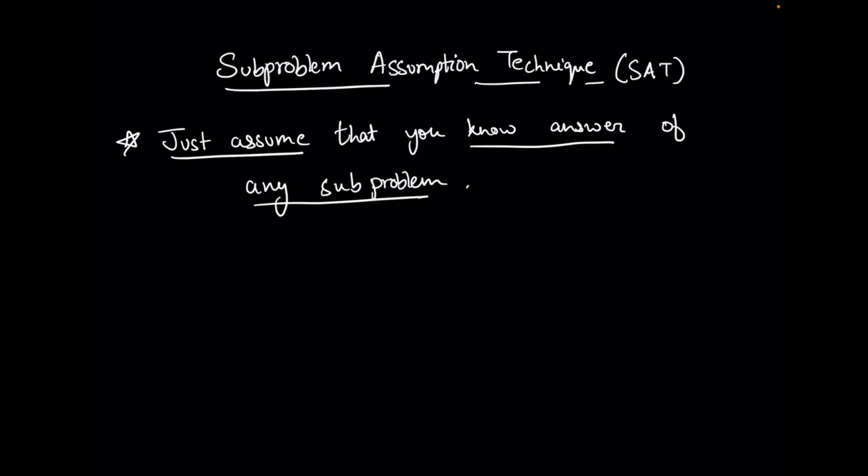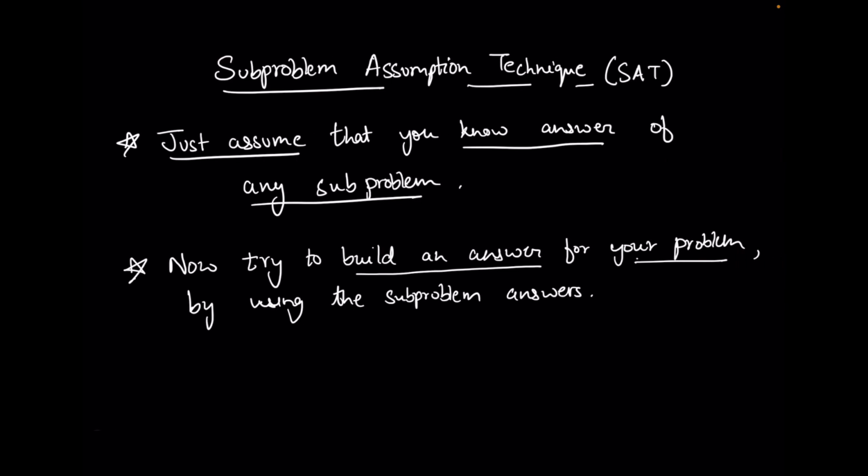Once you assume that, and obviously this answer to the subproblem is achieved by your recursive function itself, all you need to do is try to build an answer for your problem by using the answers of the subproblem, right?